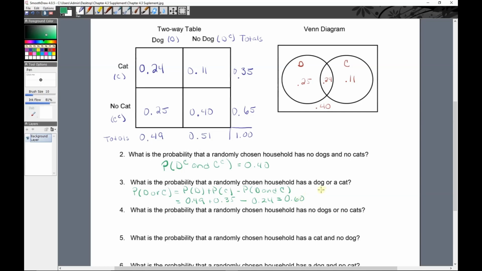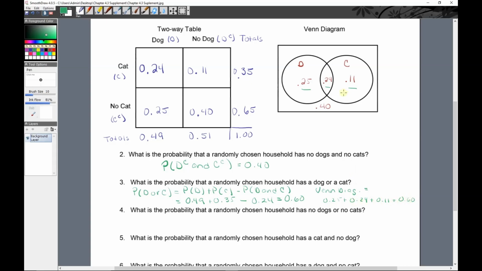All right, now if you want to get this from the Venn diagram up top, all you have to do is add up this, this, and this. And we've already seen that that's going to give us 0.60. So 0.25 plus 0.24 plus 0.11 equals 0.60.